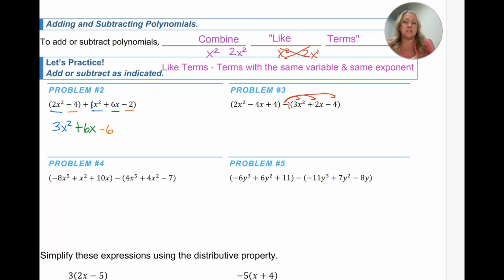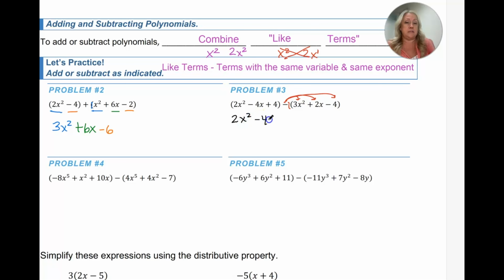Multiply each part by negative 1, which is just going to change the signs of each of those, which is what we need to have happen, right? Because if I subtract a positive 3x, that's just minus x. But if I subtract a negative 4, that's going to be a positive 4.